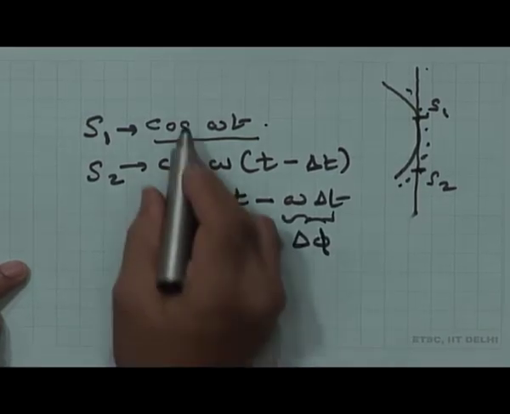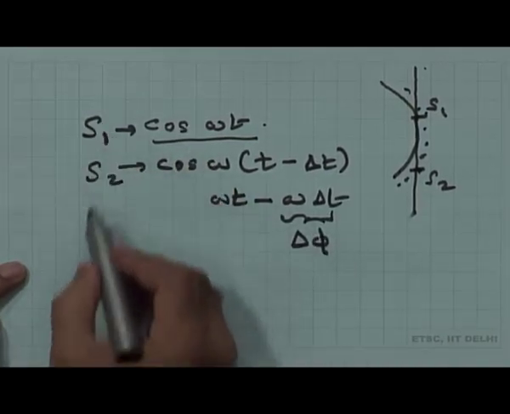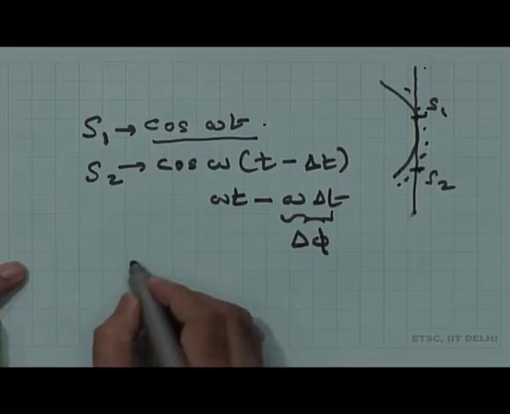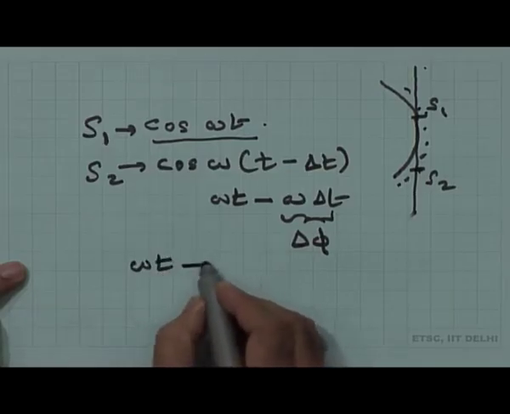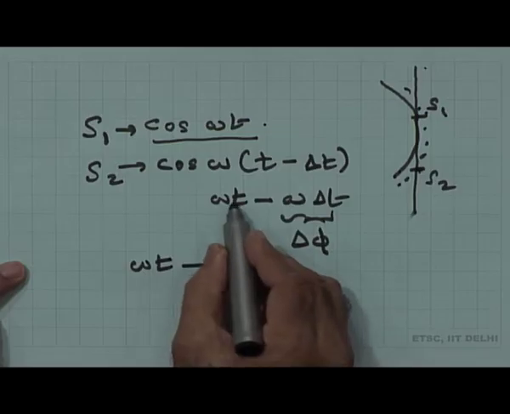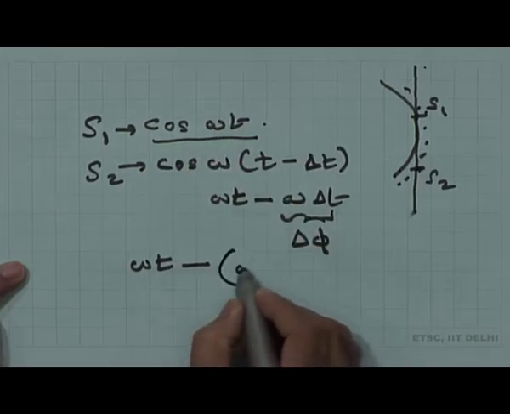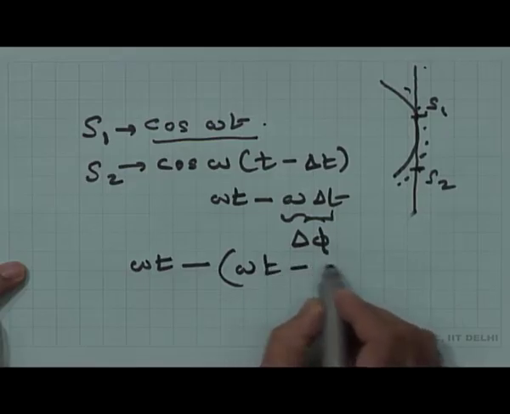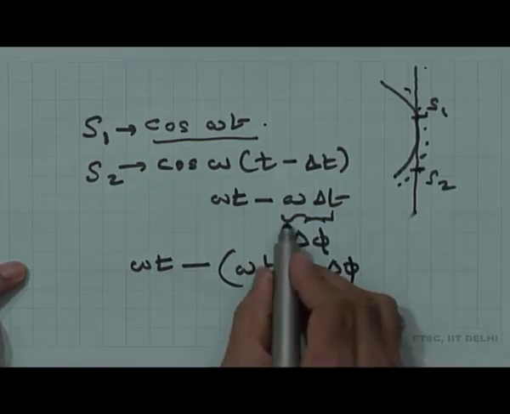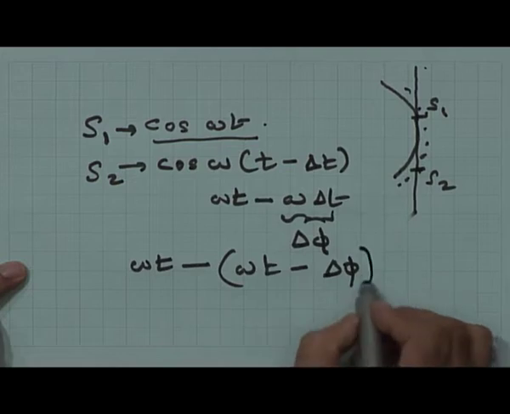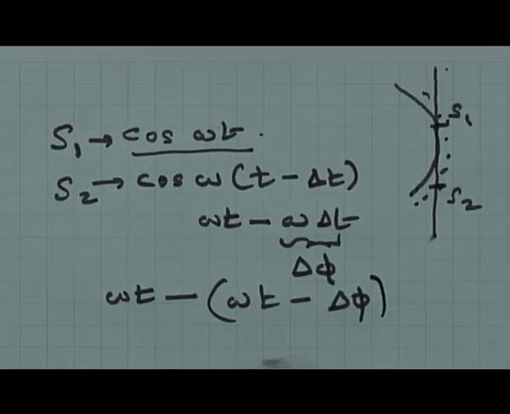And therefore, the phase difference between S1 and S2 will be omega t minus omega t here. So, omega t will cancel, and we have omega t minus delta phi. Delta phi is this phase lag.